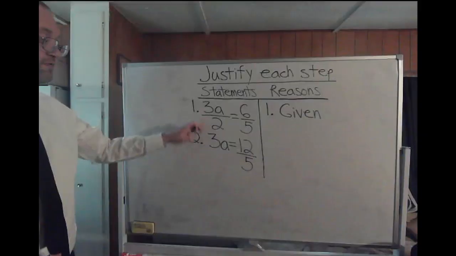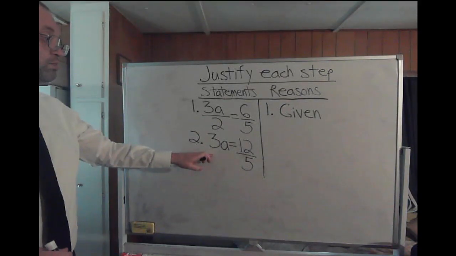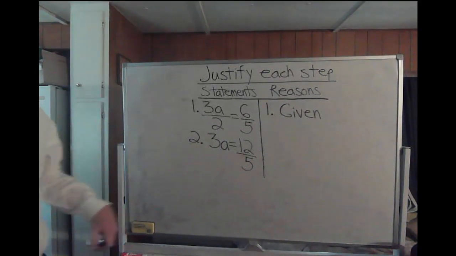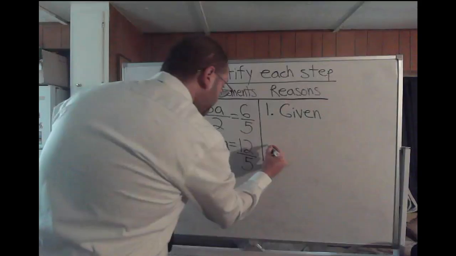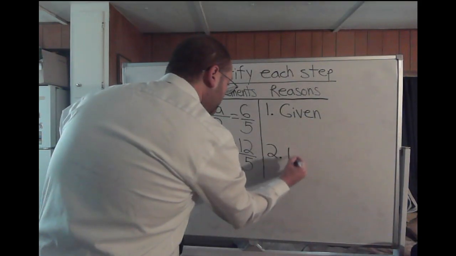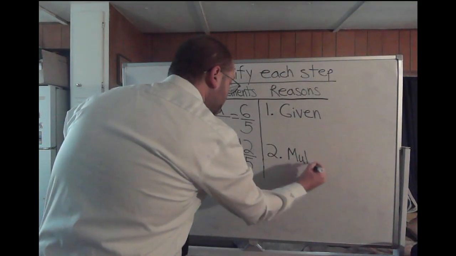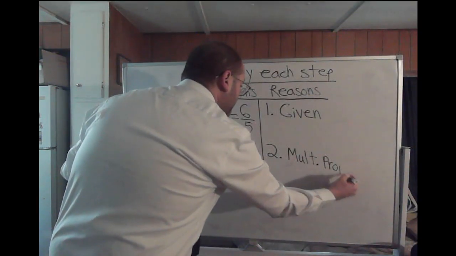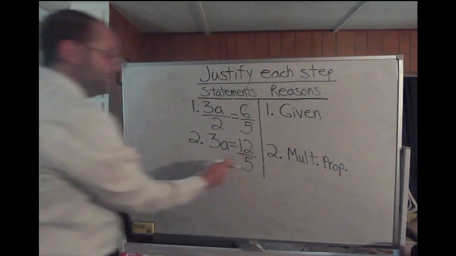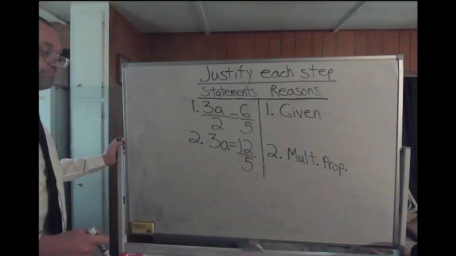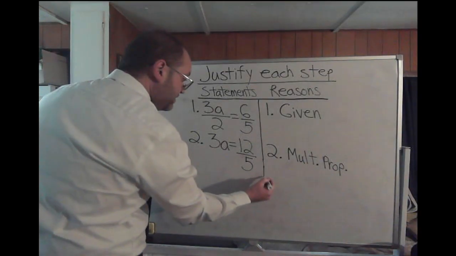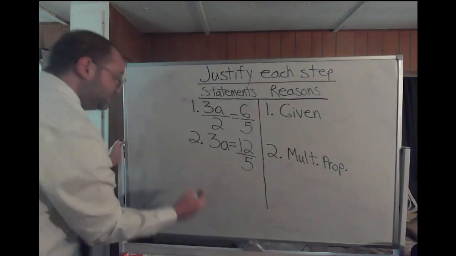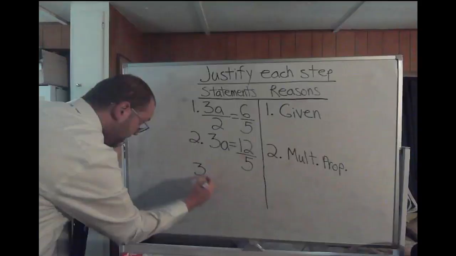So 3a equals 12/5 is statement 2. Well, how do we get from here to here? Well, you had to multiply both sides by 2, right? So for reason 2, this would be the multiplication property, which I would just abbreviate like you see here. The mult prop. That denotes the multiplication property, okay? And then, let's go to statement 3.